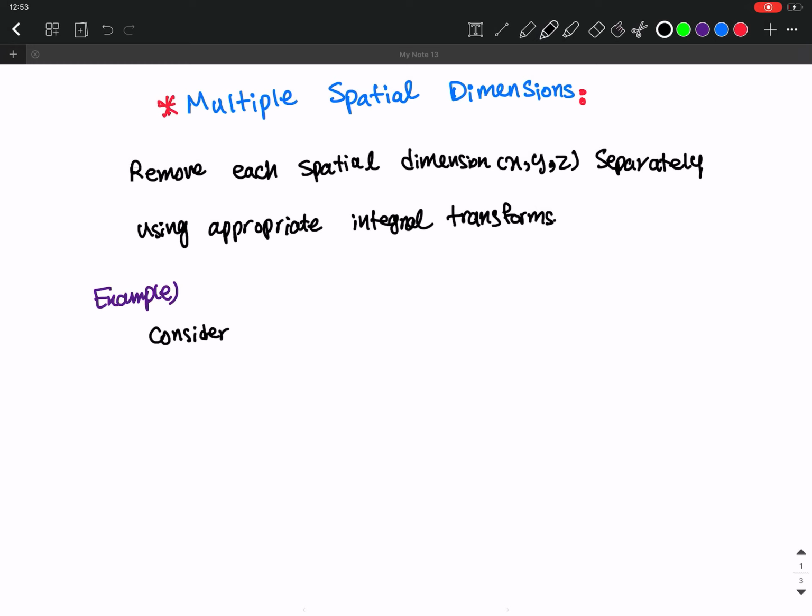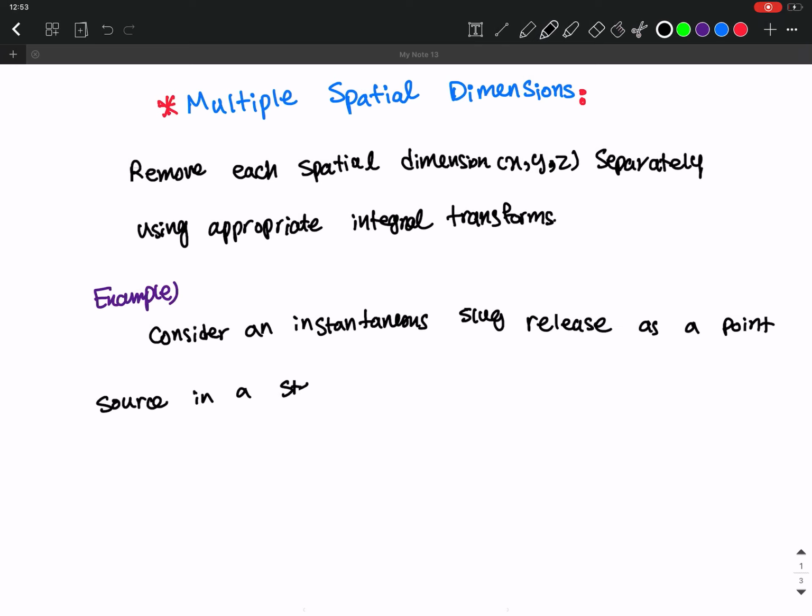Consider an instantaneous slug release as a point source in a steady state uniform flow field moving in the x direction.